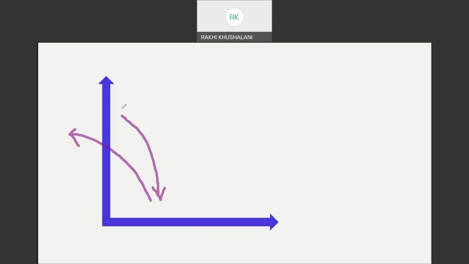And when this ray is on the inner side, that is towards the right side, you use the inner side of the protractor to measure.